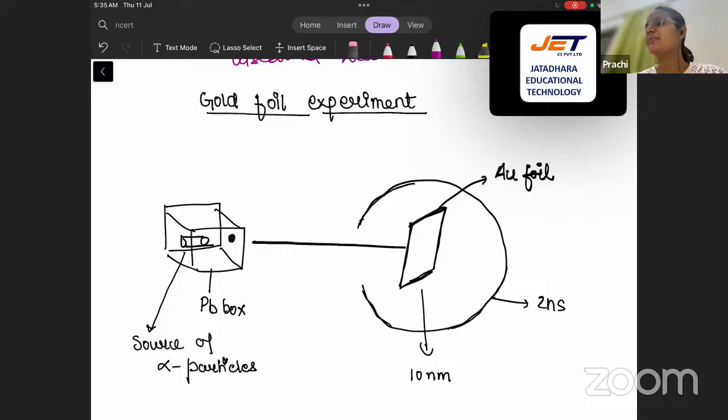So quickly type yes, and then we will start learning about the gold foil experiment, because of which we were able to understand that atom consists of a nucleus. So yes. Shall we start with the gold foil experiment?